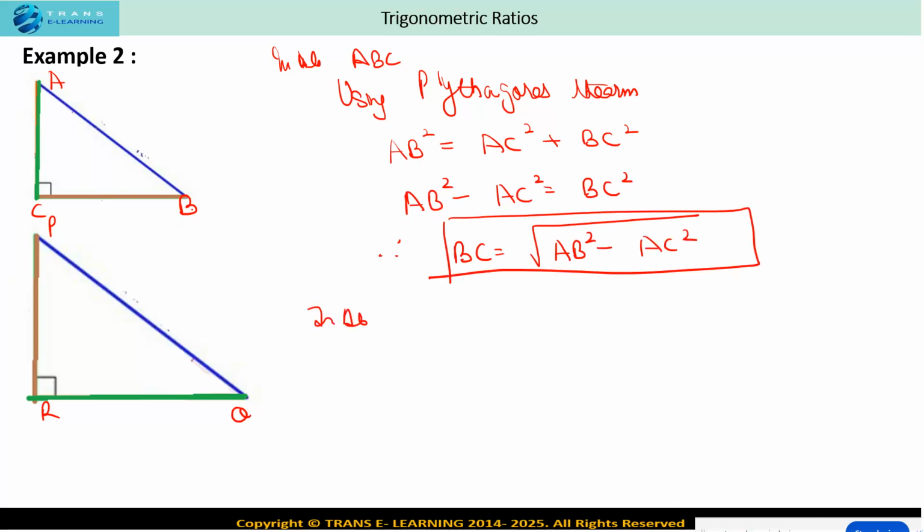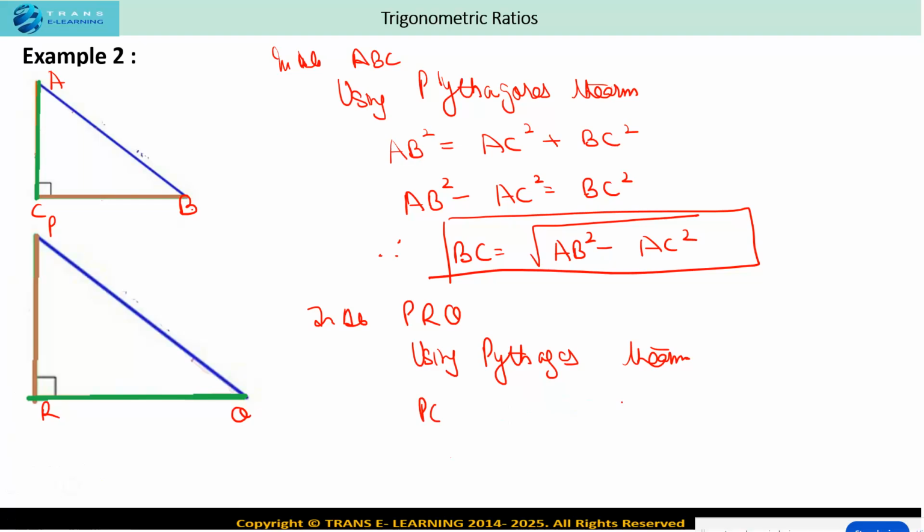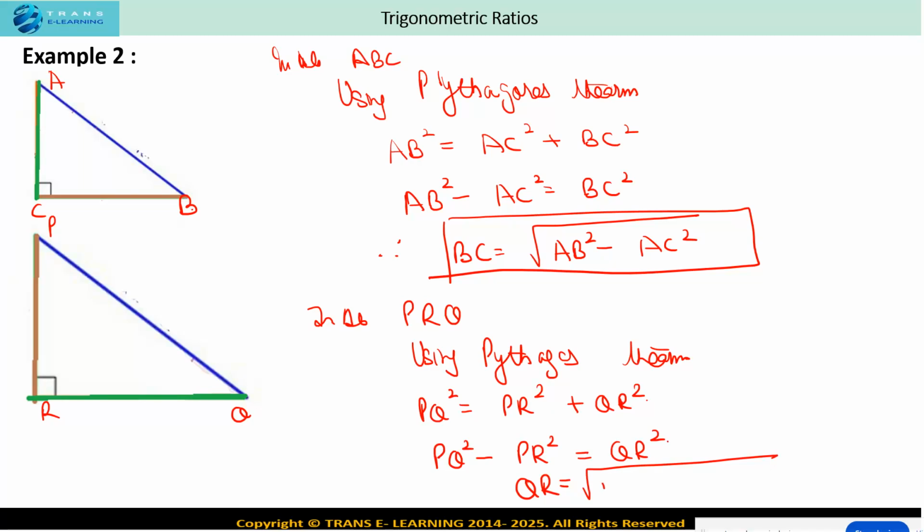In triangle PRQ, again using Pythagoras, PQ square is equal to PR square plus QR square. So PQ square minus PR square is equal to QR square, or QR is equal to the square root of PQ square minus PR square. This is the value of BC and this is the value of QR.